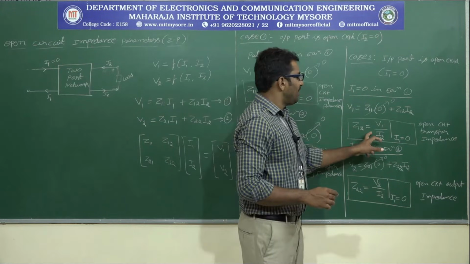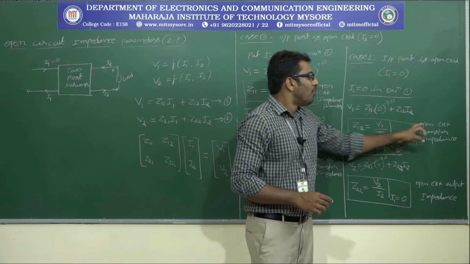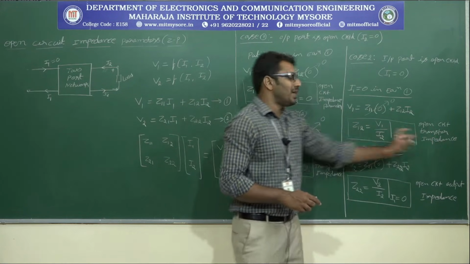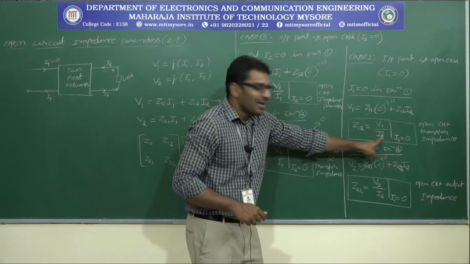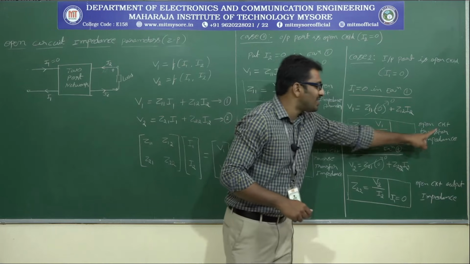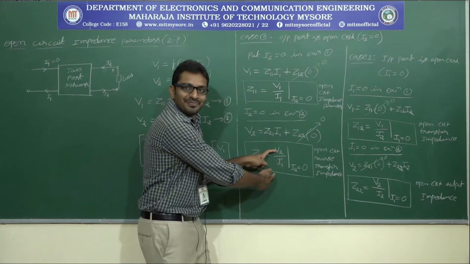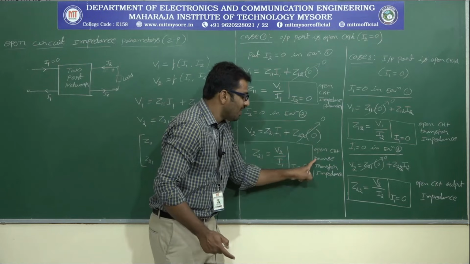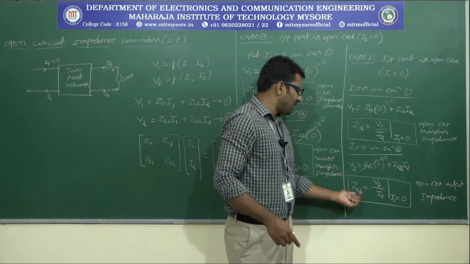Now Z12 is equal to V1 by I2, open circuit transfer impedance. See, this is V1 by I2, 1 by 2. That's why open circuit transfer impedance. This is 2 by 1. That's why open circuit reverse transfer impedance. The last one is very simple.